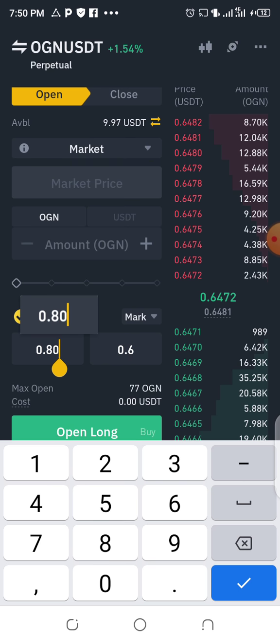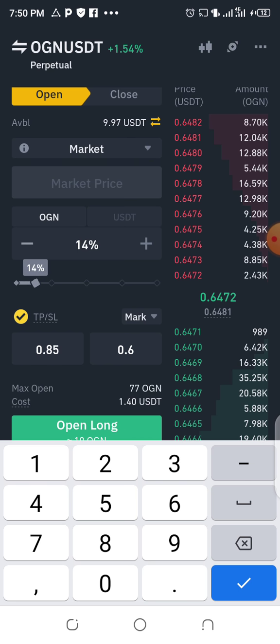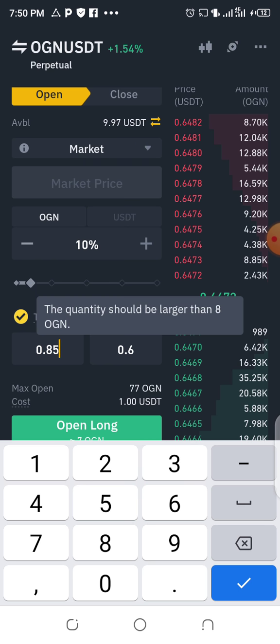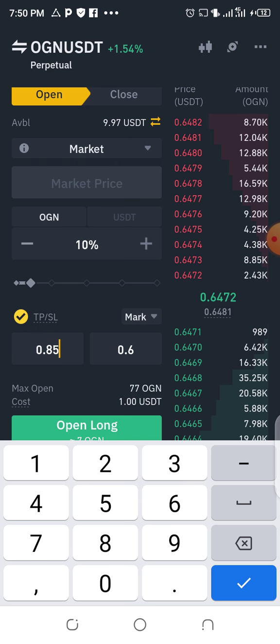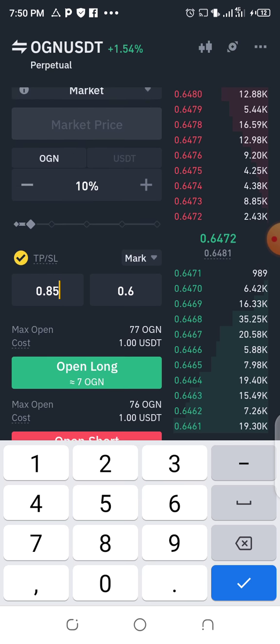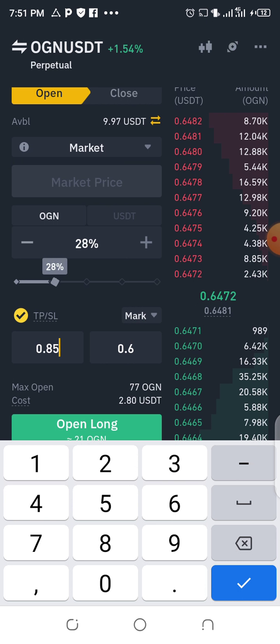Why I take profit at 0.85. So I'm using 10% of my wallet balance. That's my leverage. 10% of my wallet balance. Then I open long. So let me change it to 20%.